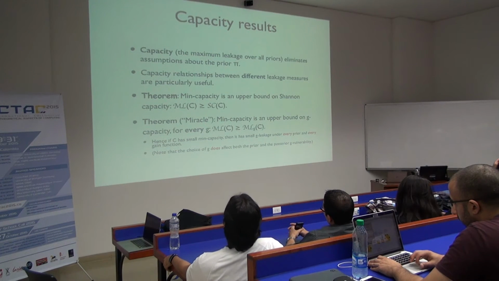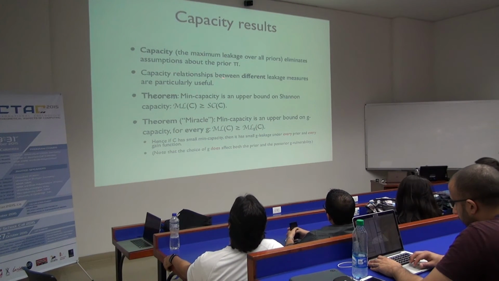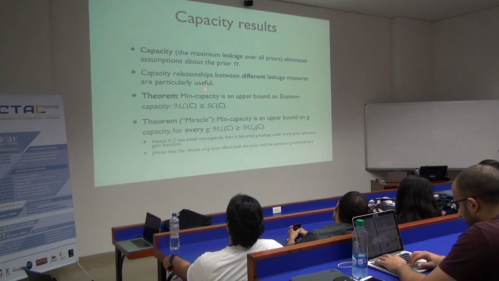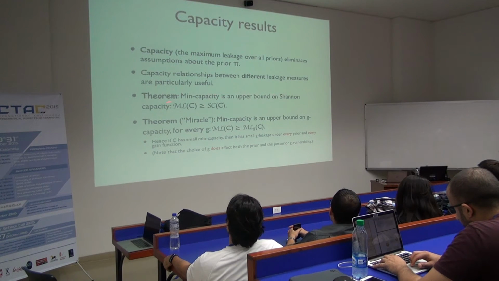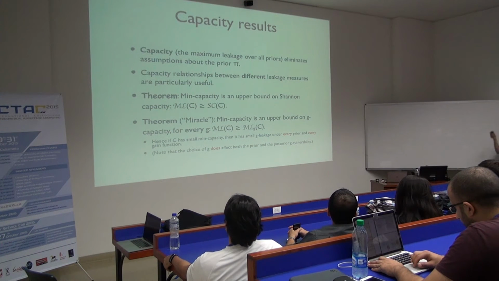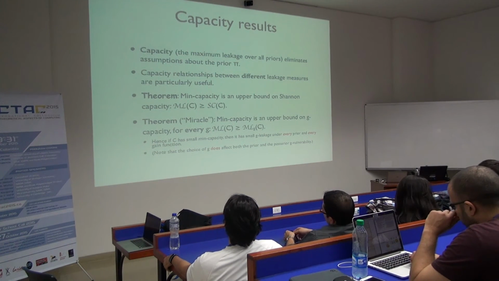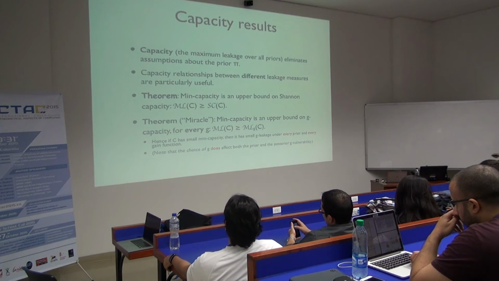And of course, sometimes I might also want to have a relationship between capacity of different leakage measures, right? So one result here that's quite useful is that mean capacity is actually an upper bound on channel capacity. So if I take a channel and I look at the maximum mean entropy leakage over all prior distributions, this will be an upper bound of the maximum channel leakage among all distributions, right?